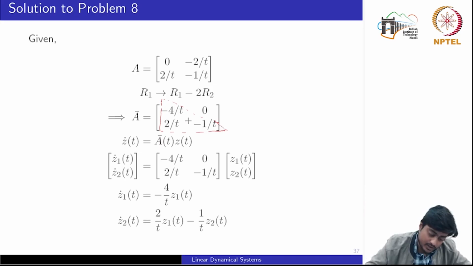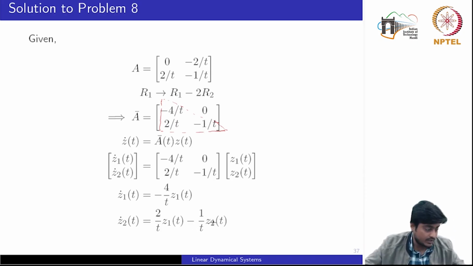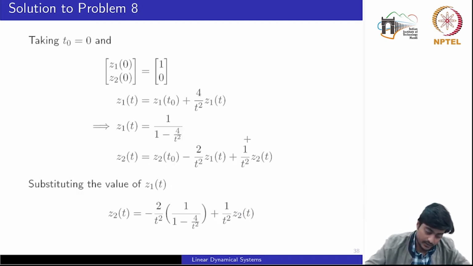Since we have performed the row operation, this state matrix A bar is in terms of another state variable, which we have represented by z, and these z state variables could have any physical meaning in that electrical circuit. So solving this equation, we can separately solve z1, and then putting the solution of z1 into the second equation, we can solve separately for z2. Okay, the solution for z1 is given by this one, and the solution for z2 is given by this one.